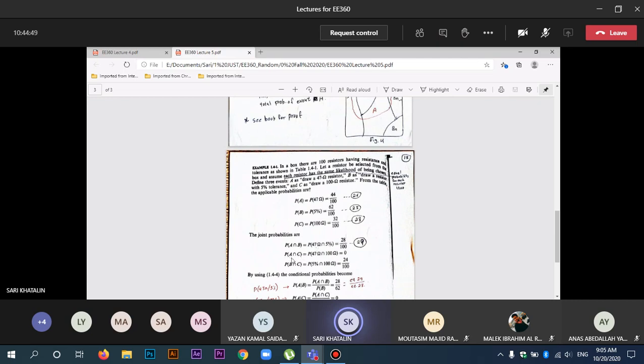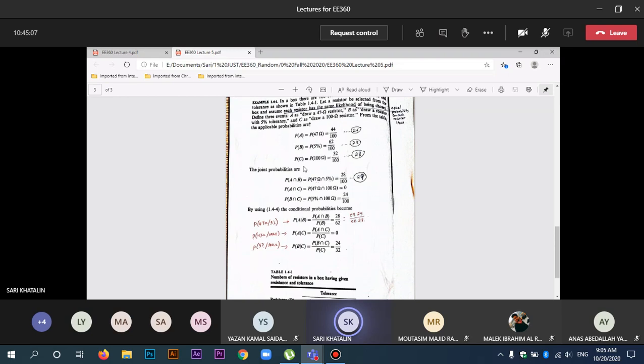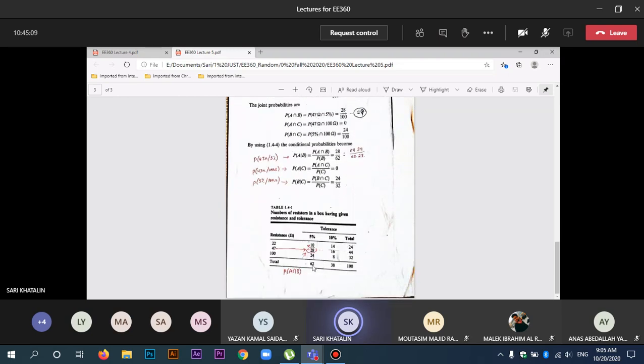Now the joint between A and C, so A is the 47 ohm resistor, and C is 100. Well, what is the relationship between them? This is 47 and this is 100, so there is no relationship between them. So there is no joint between them.